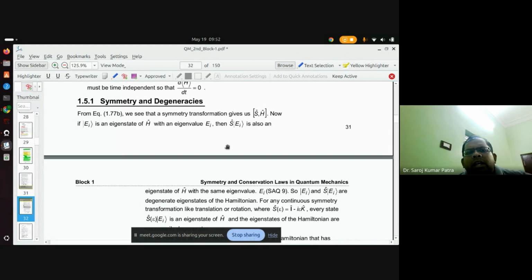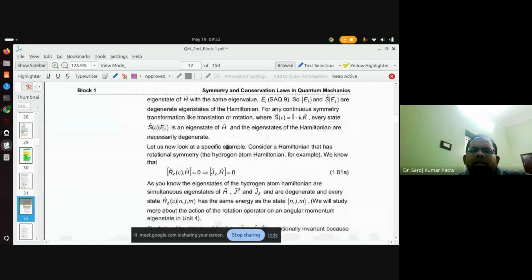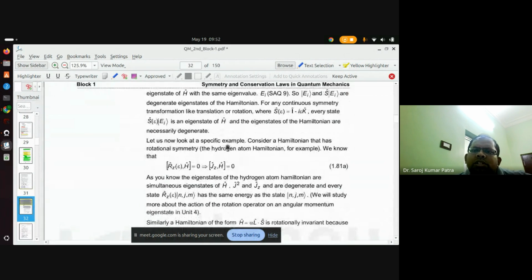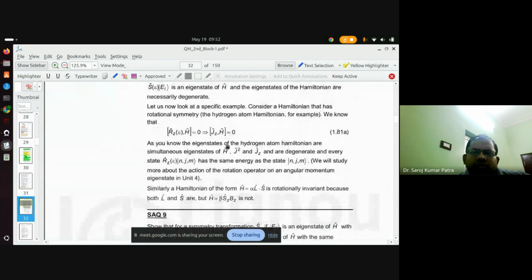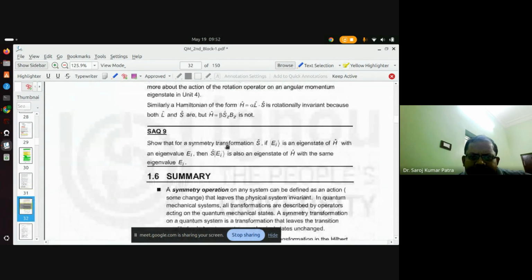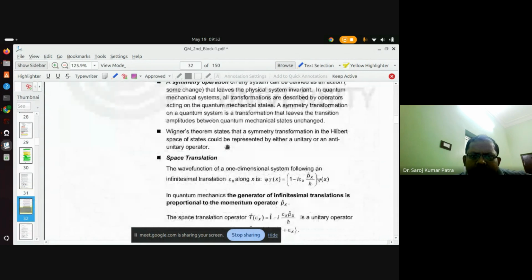So in general there will be more than one state which will satisfy this kind of symmetry operations and give rise to degeneracy. Clear?